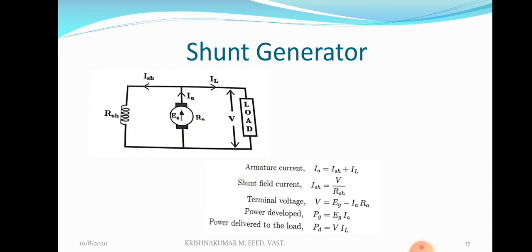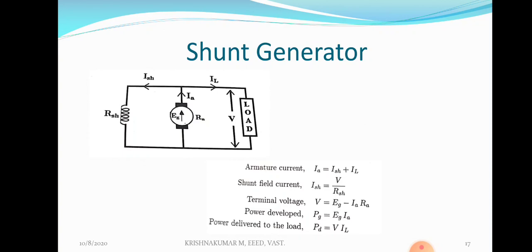Both are parallel circuits across the armature, and in a parallel circuit the voltage is the same. According to Ohm's law, I is equal to V by R. The voltage across the shunt field winding is V and its resistance is RSH. Therefore, ISH is equal to V by RSH.